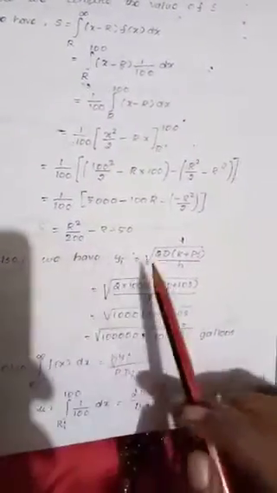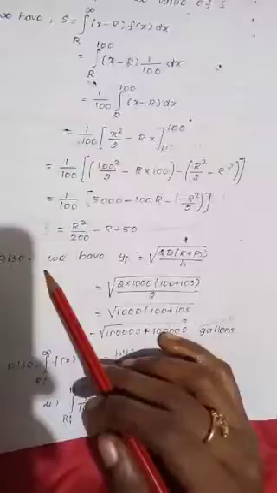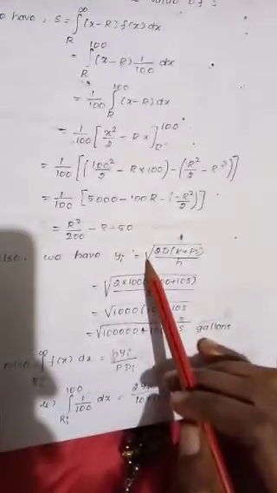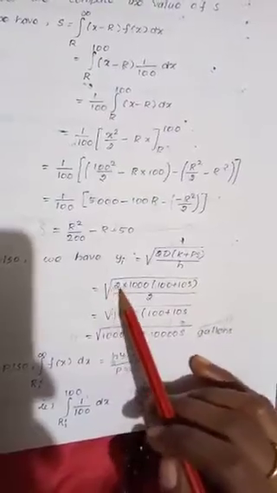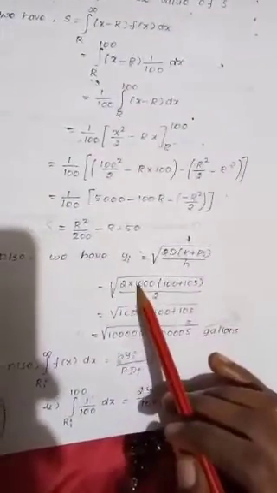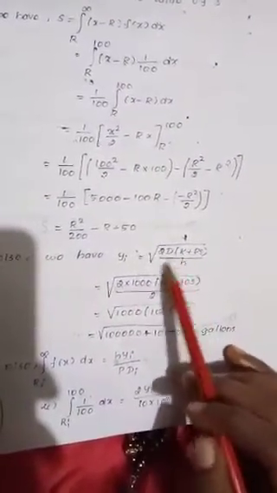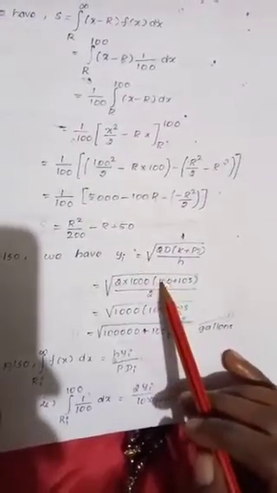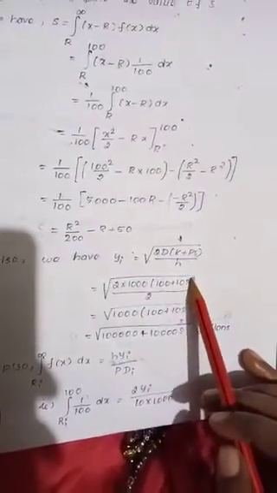Equation number 1, we saw earlier. Accordingly, we have y_i equal to root of 2D(K plus P s) by h, which is equal to root of 2 into D demand 1000 into 100 plus 10 s.